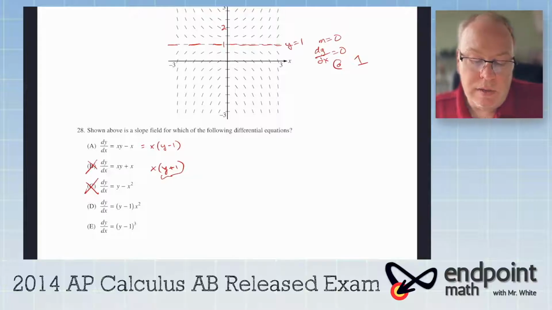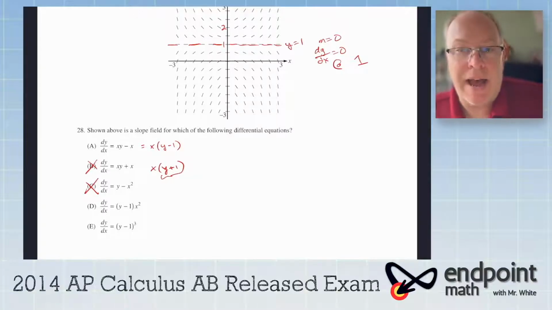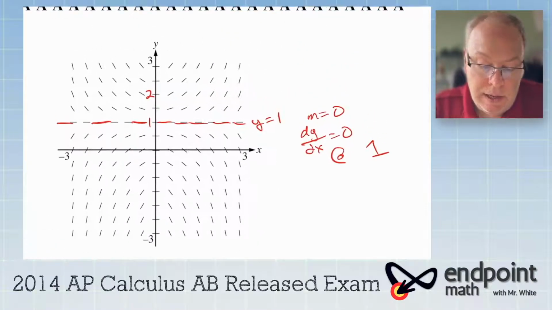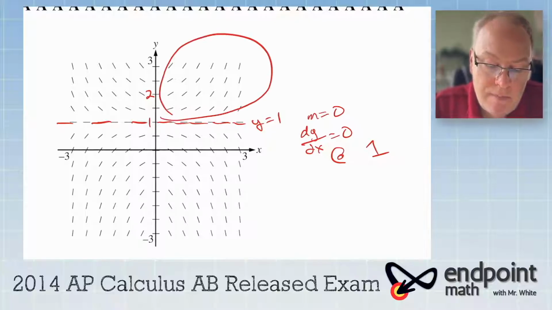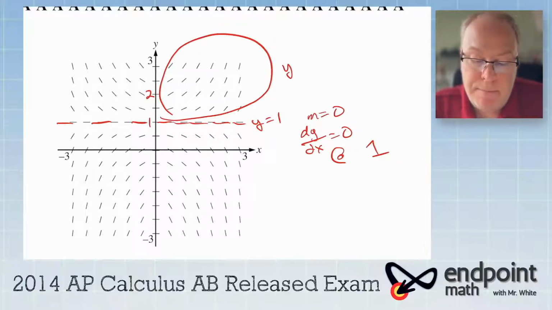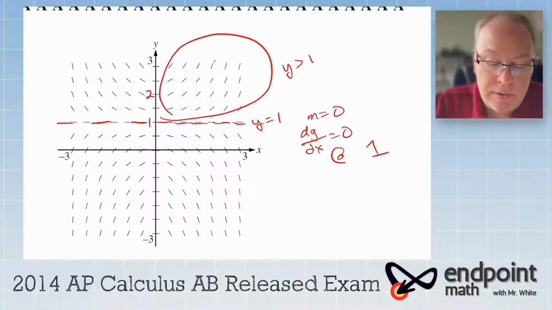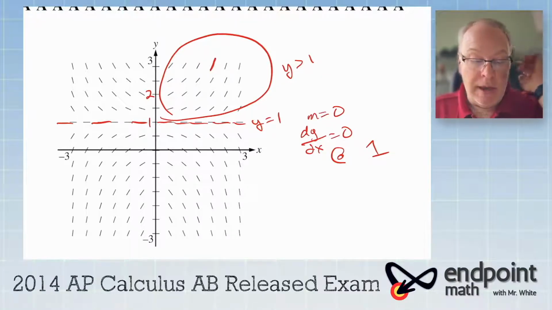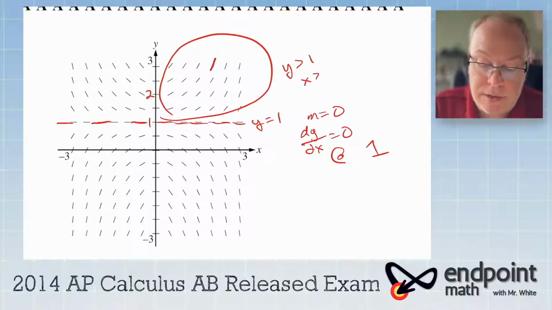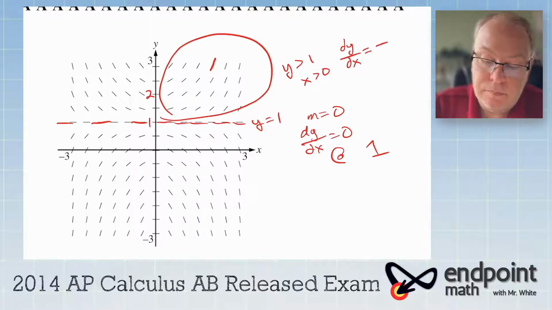All right, so what do we look for next? Well, what I look for is that when y is bigger than 1, and by the way x is positive, I notice that we're getting positive slopes out of that.